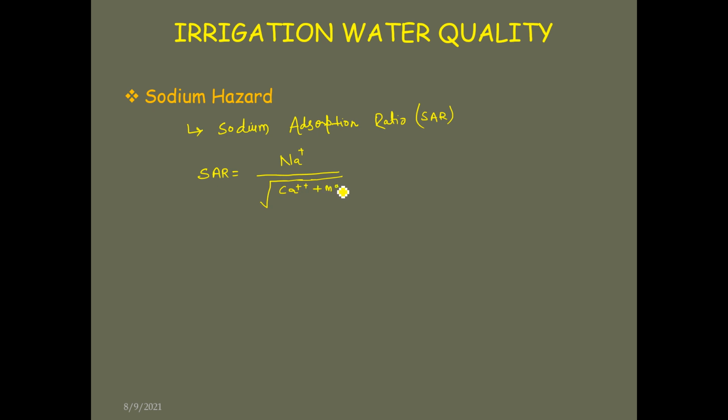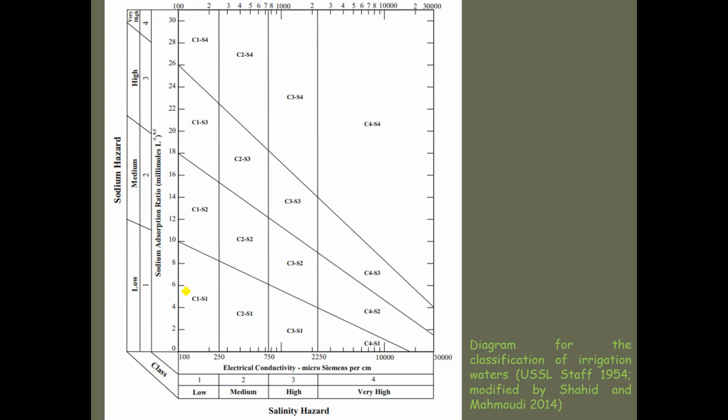By this ratio we can know the SAR, the sodium adsorption ratio, and based on this SAR we can categorize the sodium hazard. As you can see in this figure, from 0 to 10 it is low, from 10 to 18 it is medium, from 18 to 26 it is categorized as high, and above that it is very high.